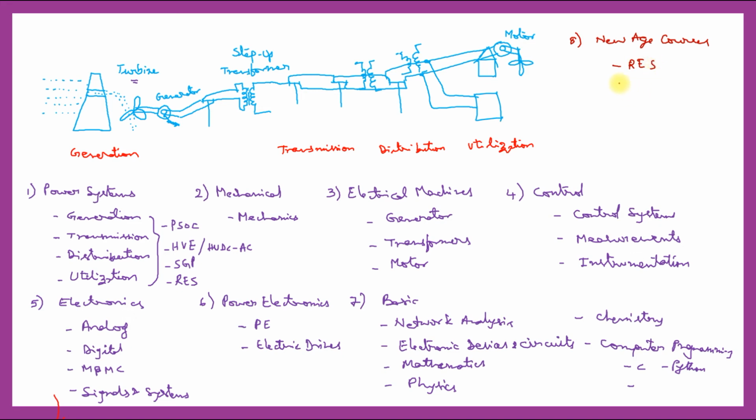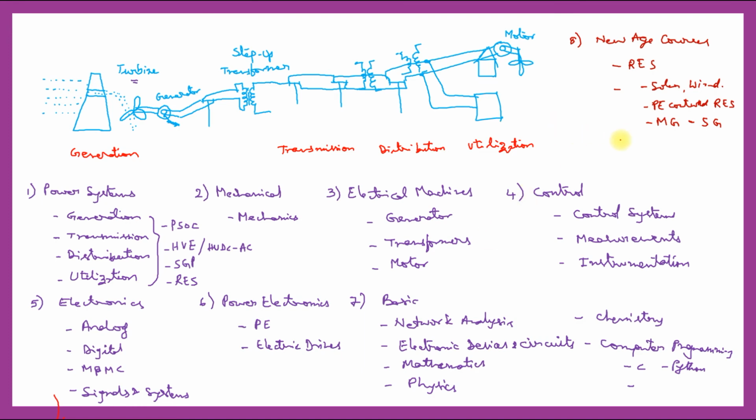In renewable energy sources we can see only solar or only wind. Okay, maybe some power electronic controlled renewable energy systems. Maybe we can extend up to microgrid, we can extend up to smart grid. Okay, so these are the new age courses, and definitely they should be in electives.